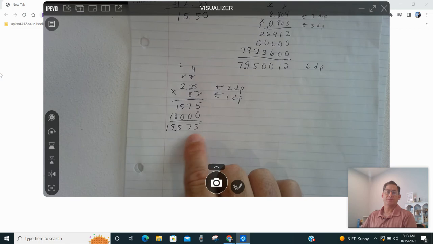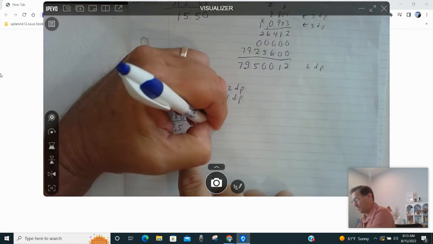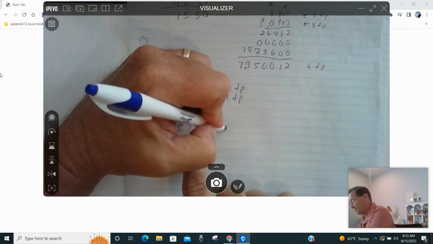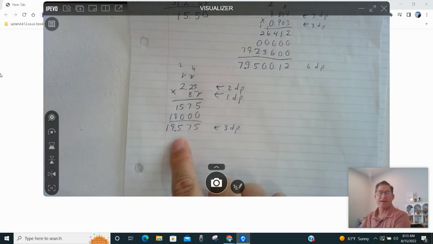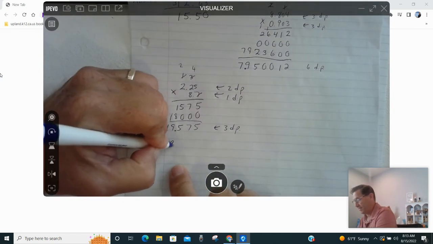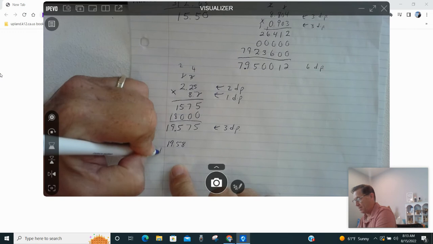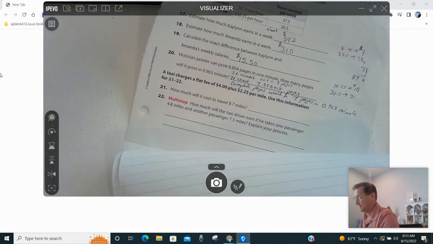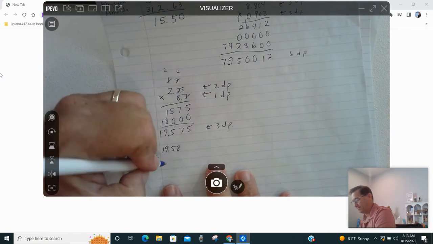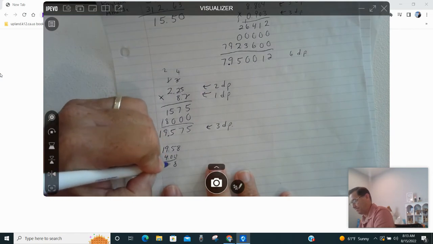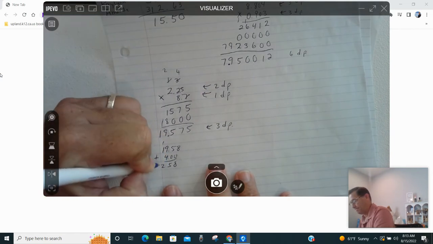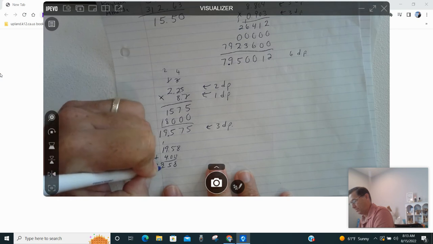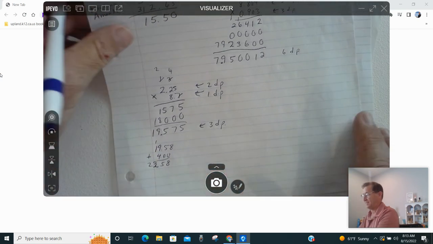So we'd round this to the nearest penny. And so it would be $19.58 plus the flat fee of $4. So $23.58.